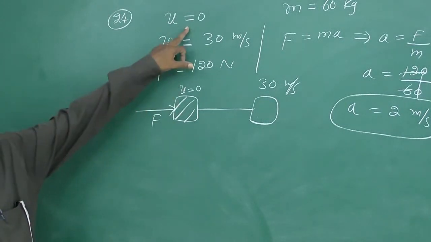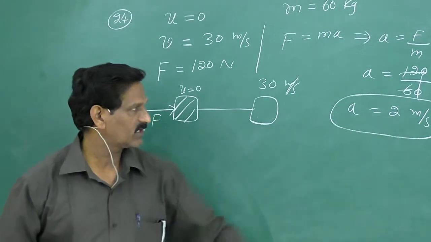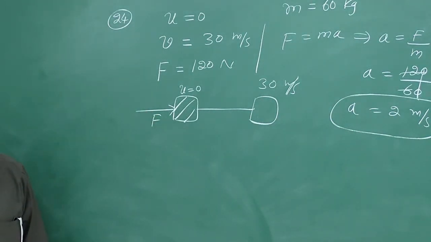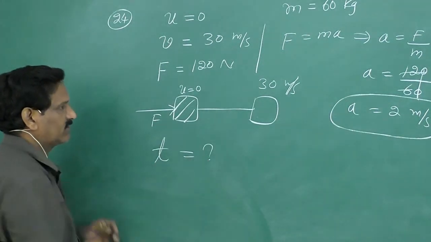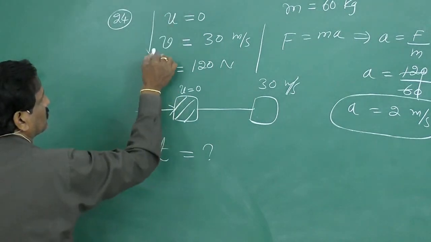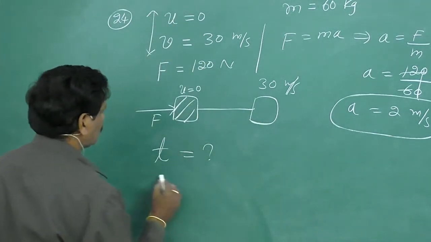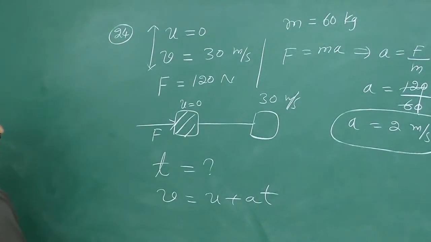So initial velocity is 0, final velocity is 30 meter per second, acceleration is calculated as 2 meter per second square. We have to find the time. Using the formula V is equal to U plus at, we can find the time.